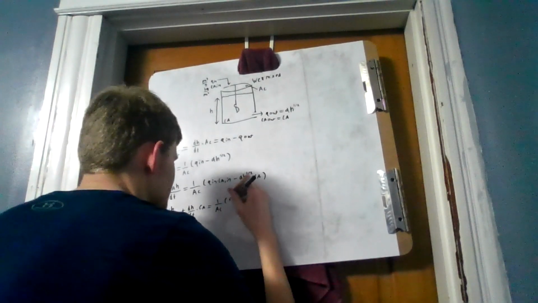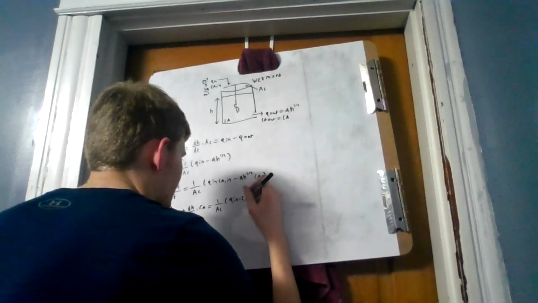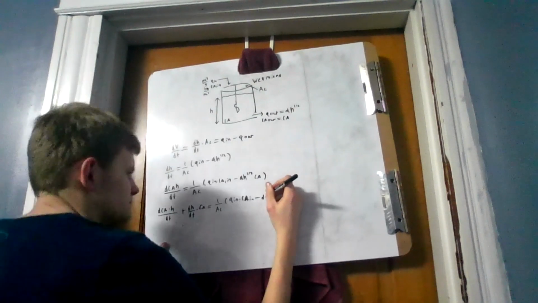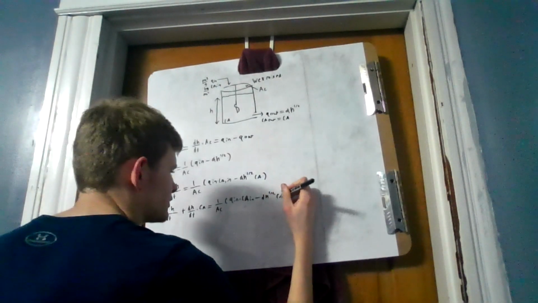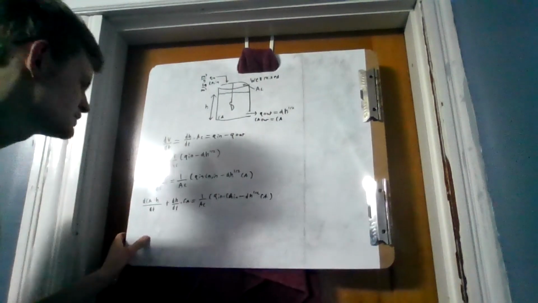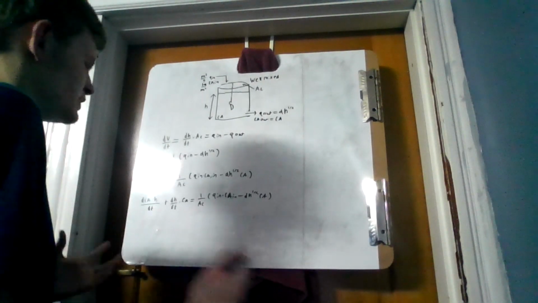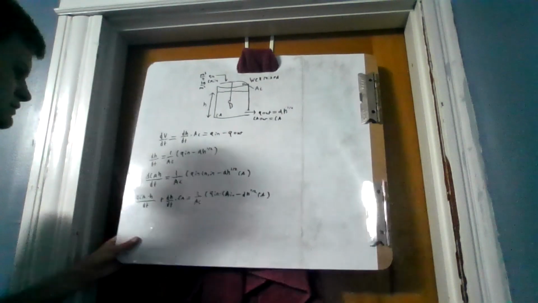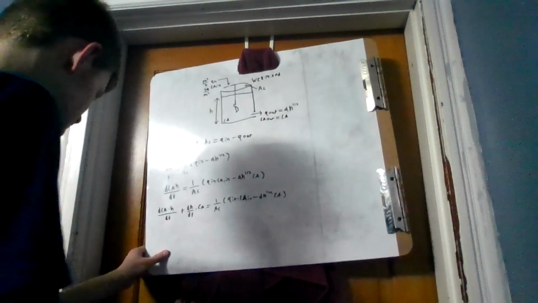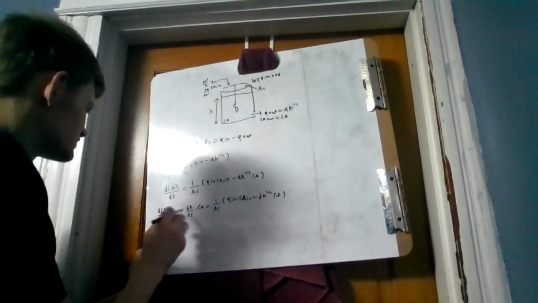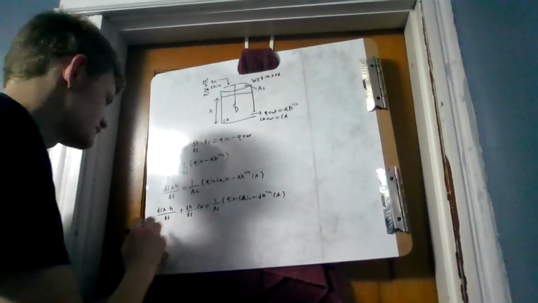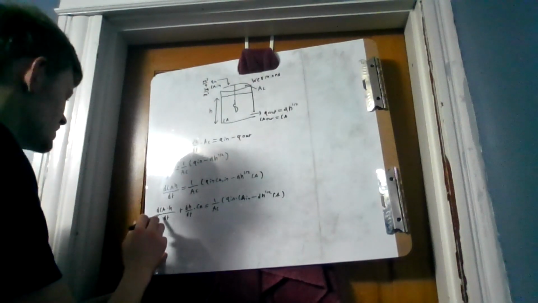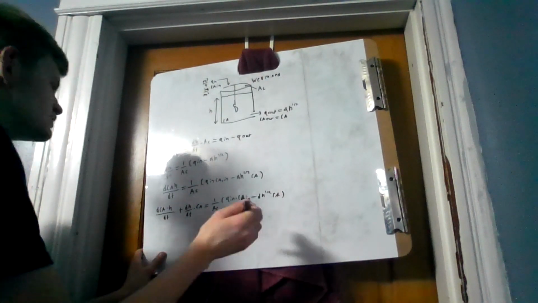So let me just rewrite this real quick. It's a little hard to write when there's such low board. So this is a good representation of what we have right now, but we can simplify this portion a little bit further. What we can do here is simplify our left-hand portion of the equation even farther by just having our rate of change of the concentration over time all on the left hand.